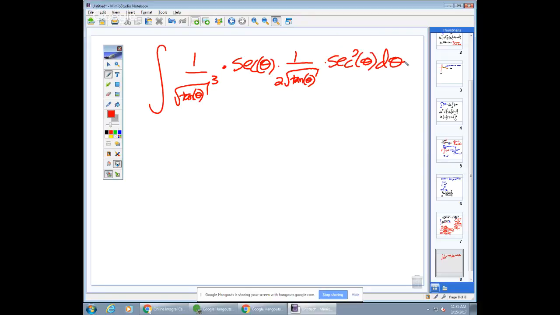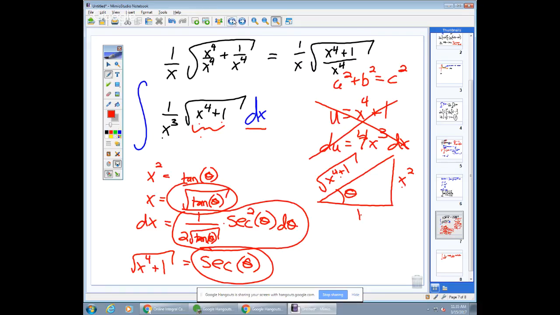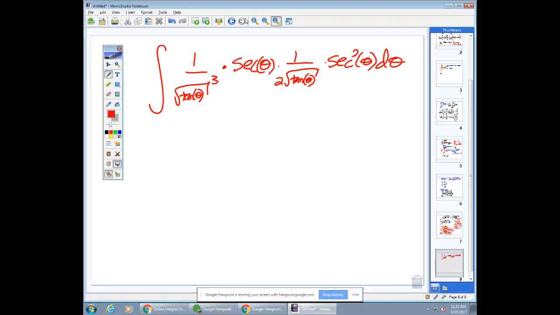Did I put it all together? I think so. I got that guy cubed, I got that guy, and I got that guy, yep. And I even remembered to write my d theta.